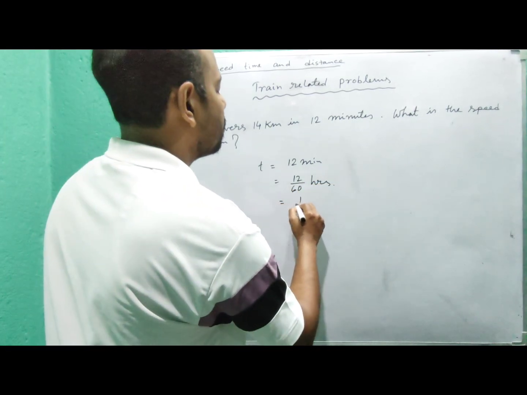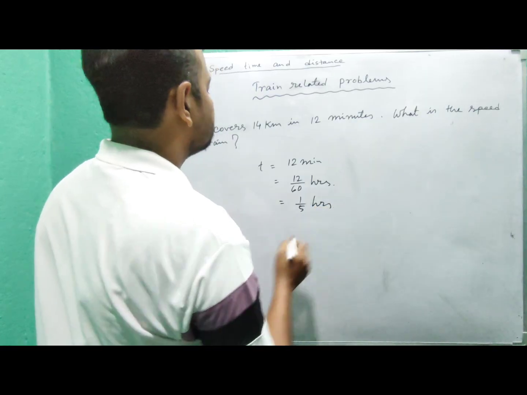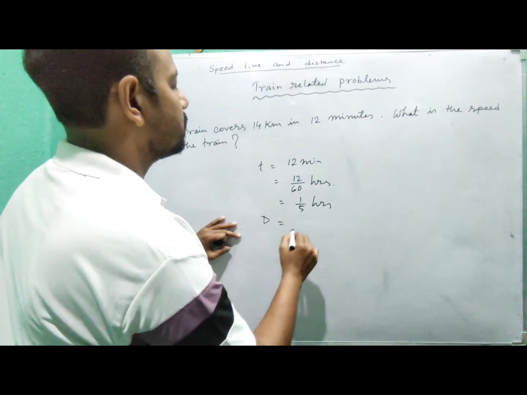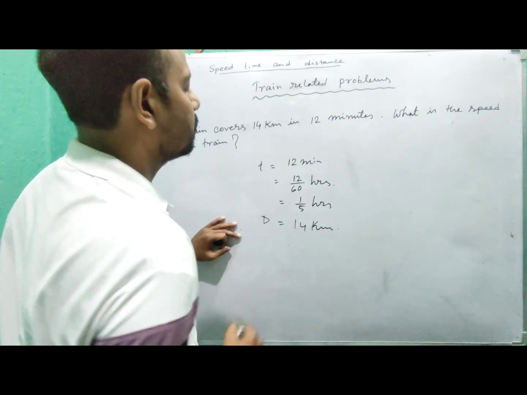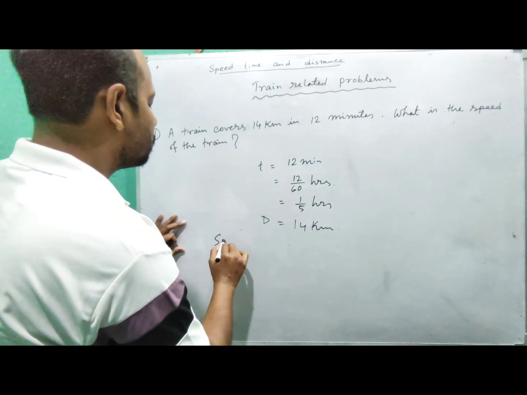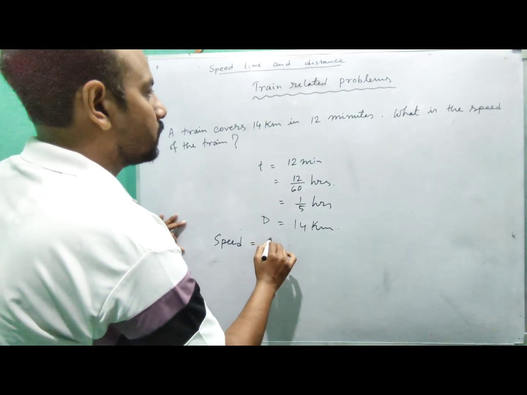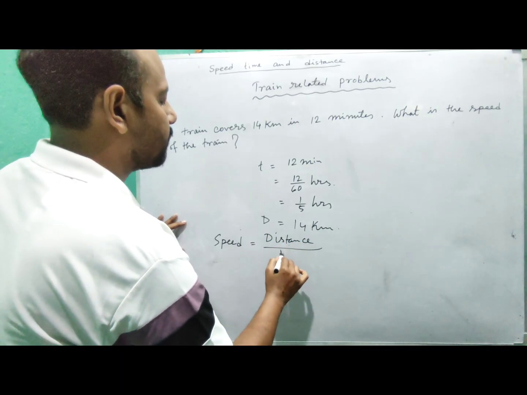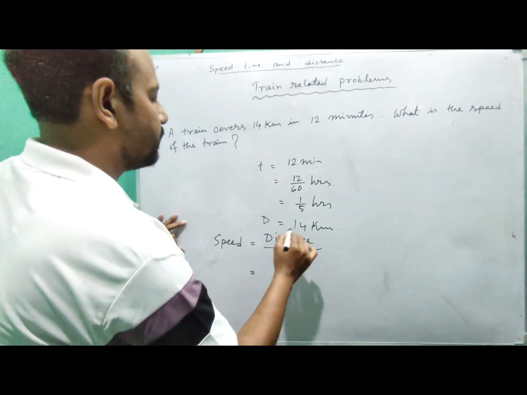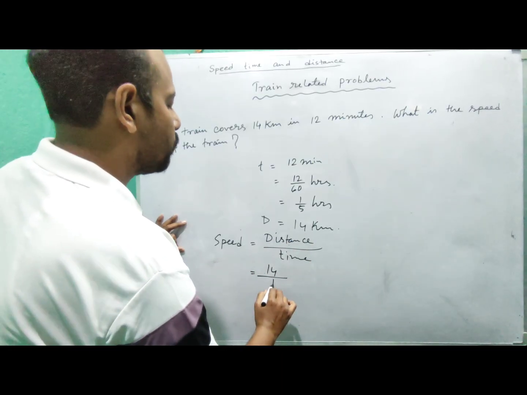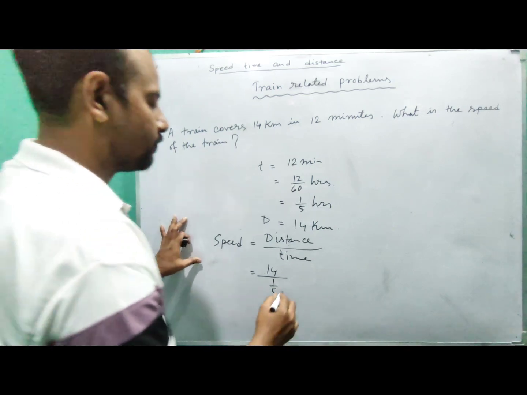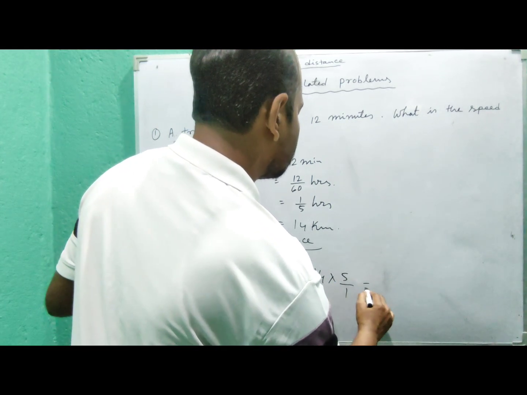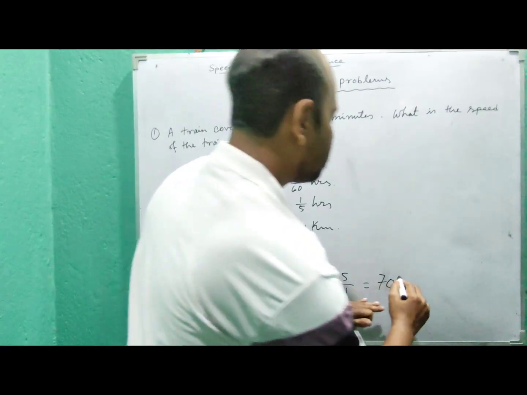So that is 1 by 5 hours, and the distance is 14 kilometer. So speed equal to distance by time. Distance is 14 divided by 1 by 5. So 14 multiply 5 by 1, that will give 70 kilometer per hour.